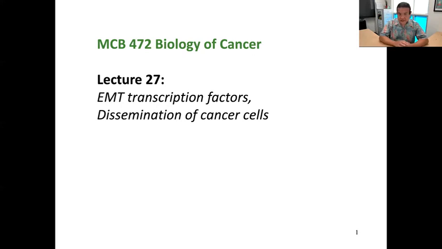So we discussed the importance of epithelial to mesenchymal transition as part of this, and we'll take a closer look at the different factors that govern how well different cells that are circulating in the blood, cancer cells that come from the original tumor, how well they can actually disseminate to form secondary metastatic lesions.